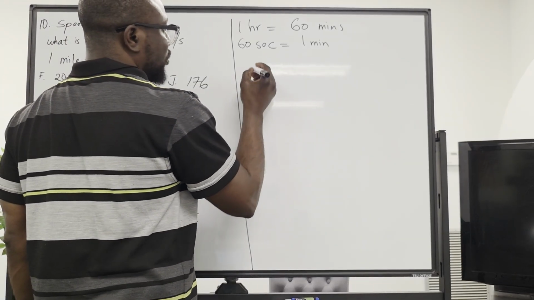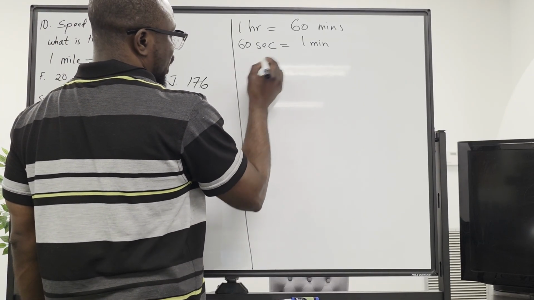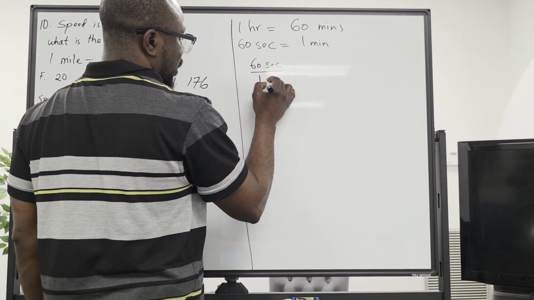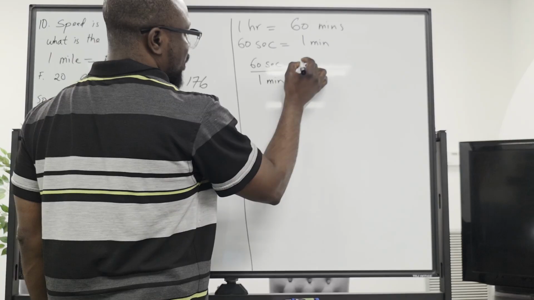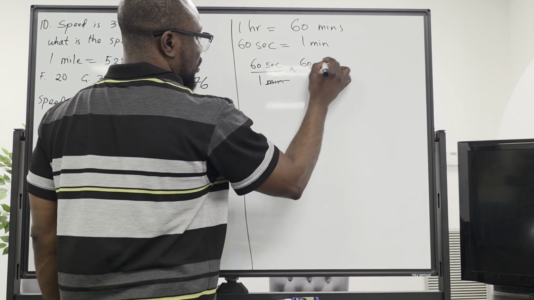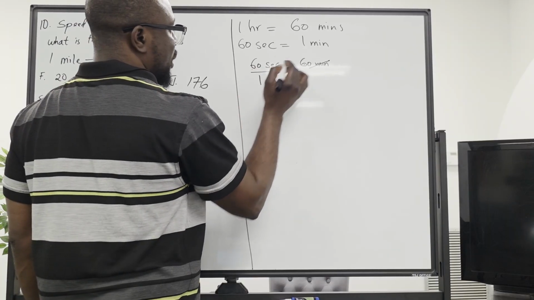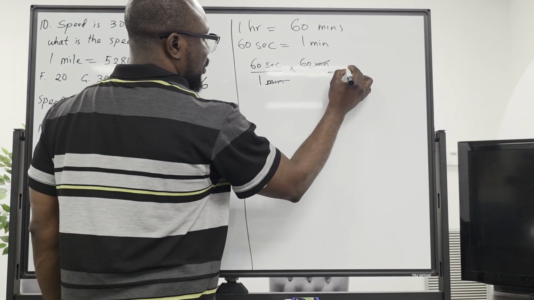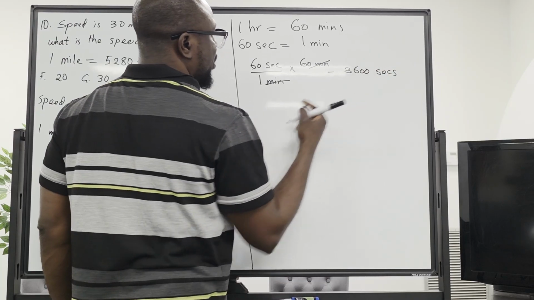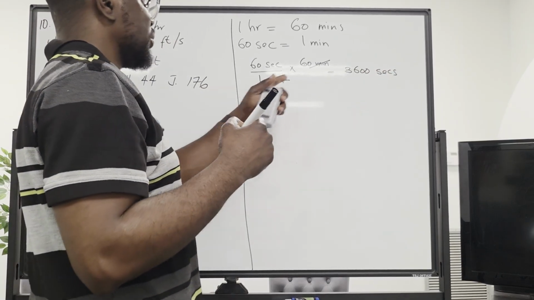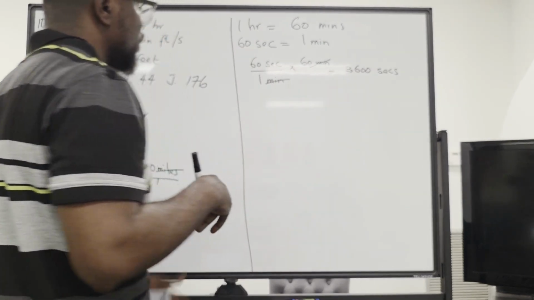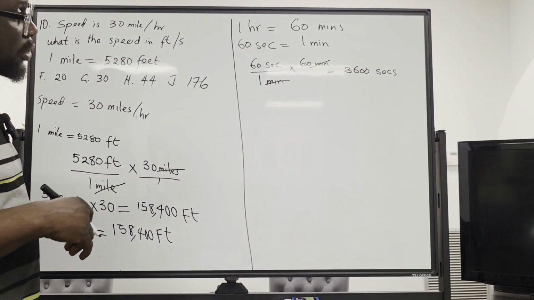Same thing, looking for seconds: 60 seconds is 1 minute, times 60 minutes. The minute cancels out the minute. You have 60 times 60, which gives you 3600 seconds. So we have the two equations that we need.